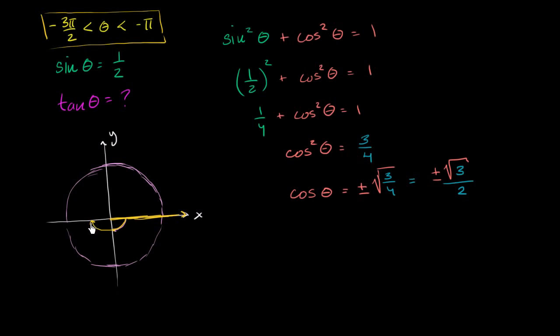So it's between negative pi, which is right over here, and negative 3 pi over 2. Negative 3 pi over 2 is right over here. So our angle theta is going to put us someplace over here.